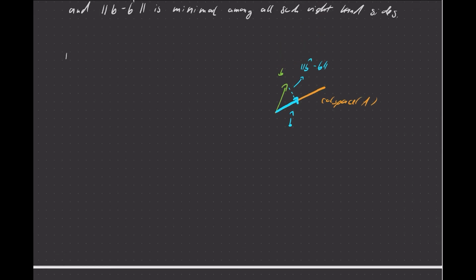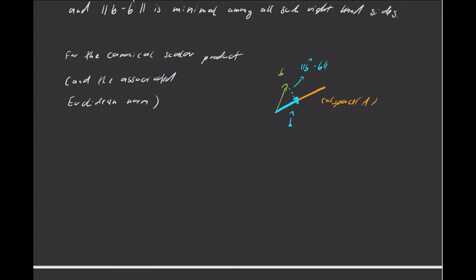So for the canonical scalar product, and the associated Euclidean norm, B hat can be computed as follows.